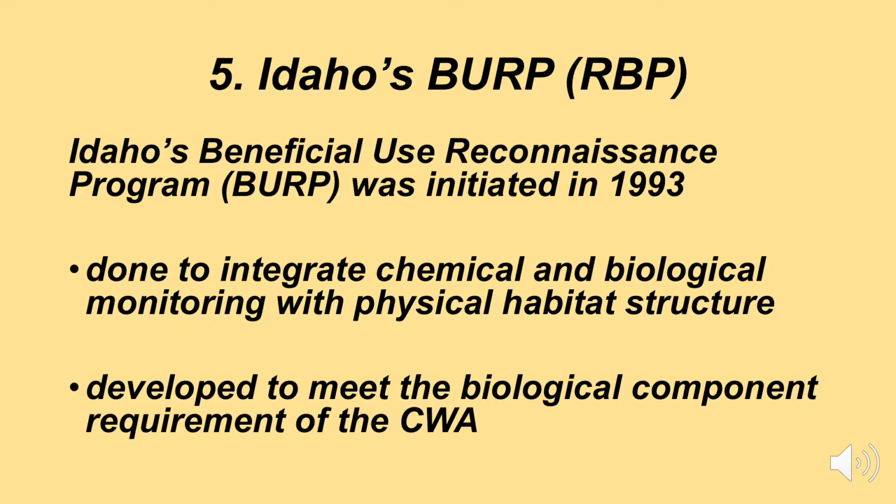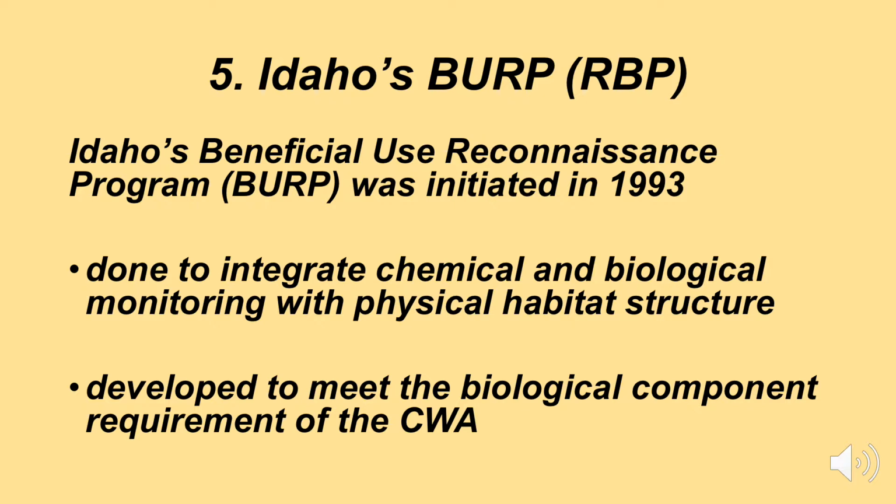It was done to integrate both chemical and biological monitoring data with the physical habitat structure of streams. And this whole protocol was done to meet the biological component that's required by the Clean Water Act that was passed by Congress.